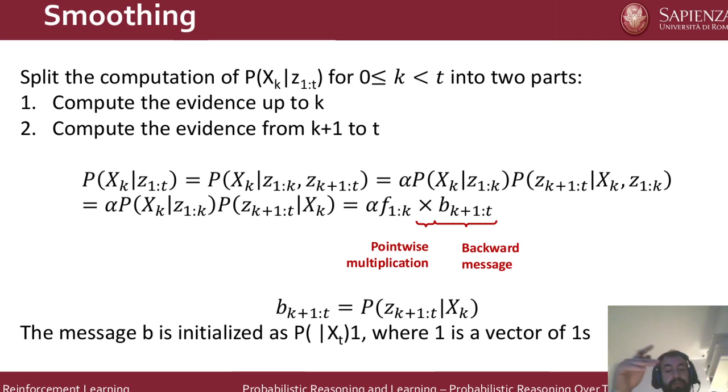We can split the problem in 2 parts. Let's say we want to compute the probability of xk given the sequence of observations that we got from 1 to t, where k is smaller than t. We can split the problem in 2 parts. First, we look at what happened before k, and then we look at what happened after k.